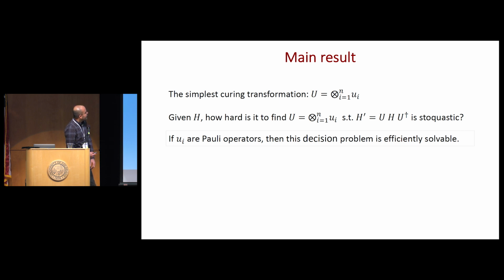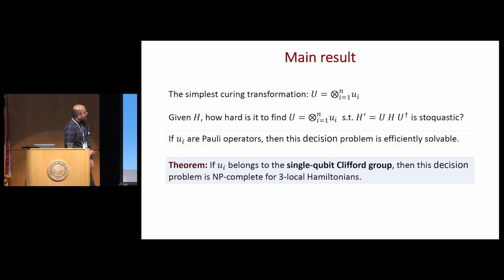But what about if we go beyond Paulis? And I go one step further. If U_i belongs to the single qubit Clifford group, then this problem becomes NP-complete for 3-local Hamiltonians. And then, okay, this group is discrete. Maybe this is some artificial fact. Maybe if I allow for some continuous rotations, which is more natural in this setting, it's easy to solve this problem.